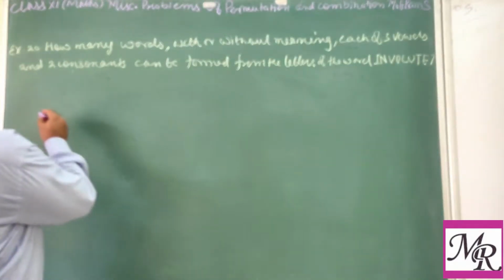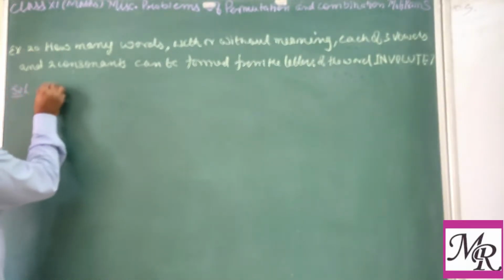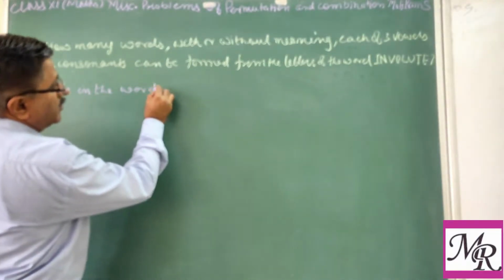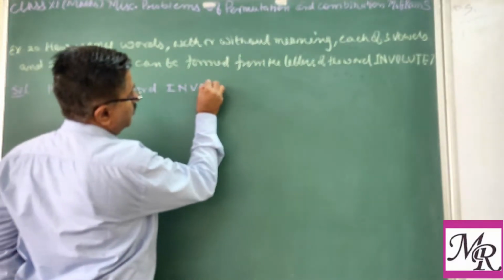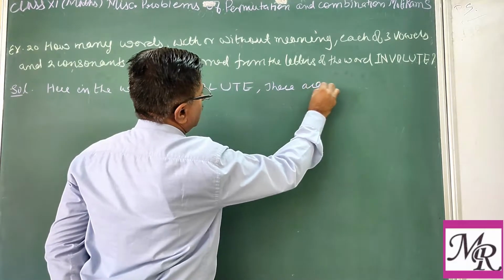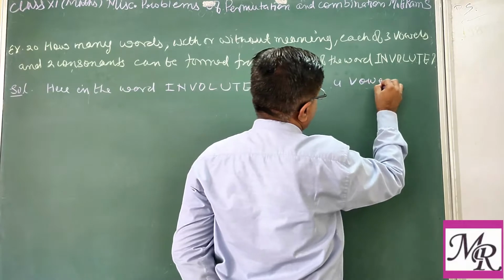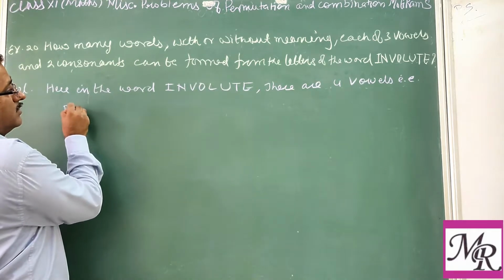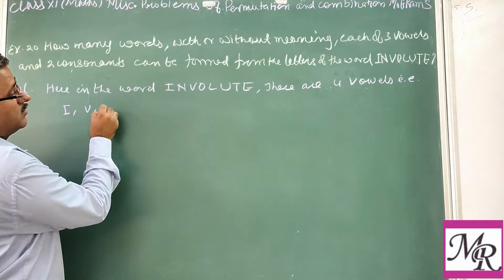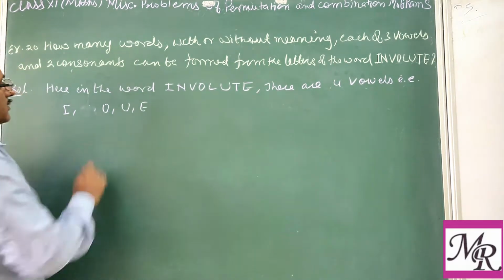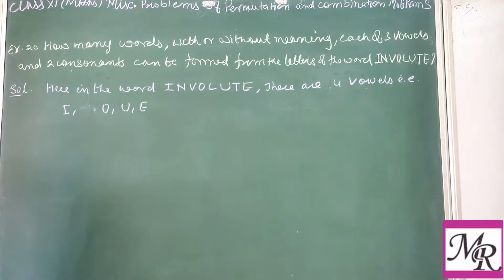So in the solution, here in the word involute, there are 4 vowels, which are I, O, U and E. Right?